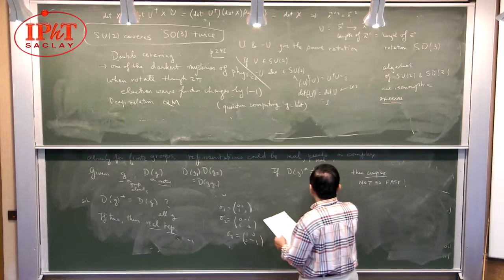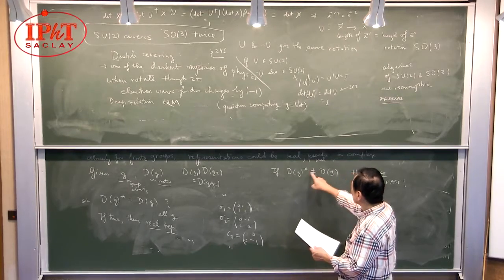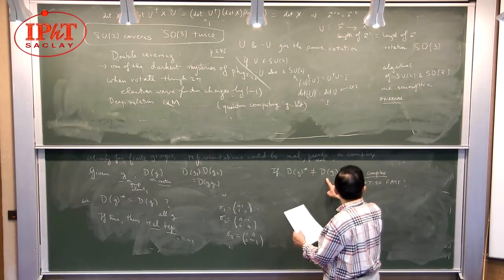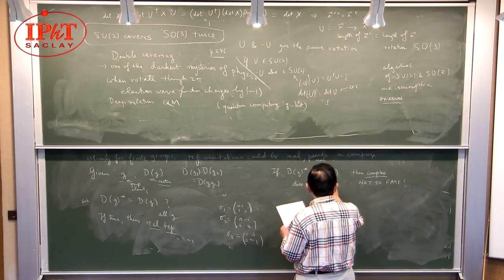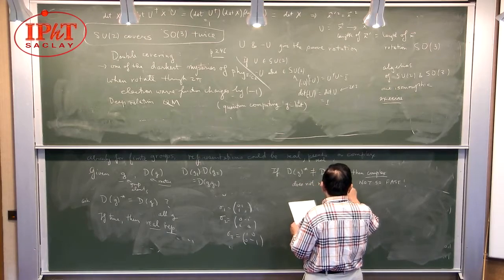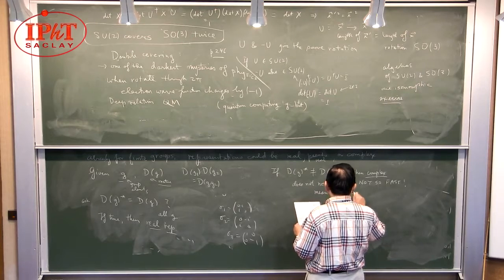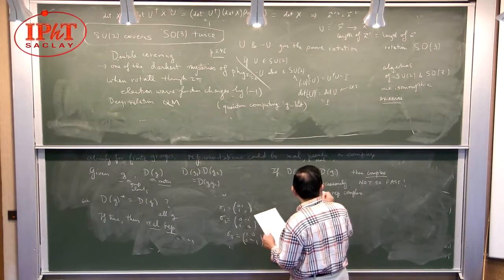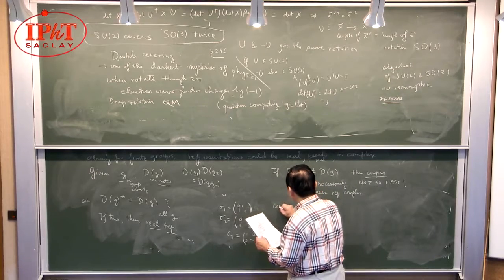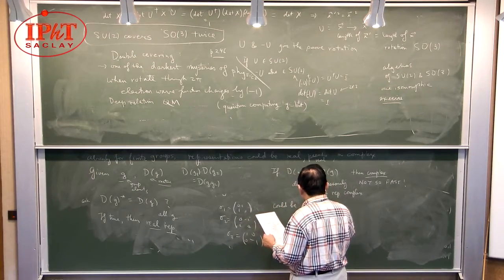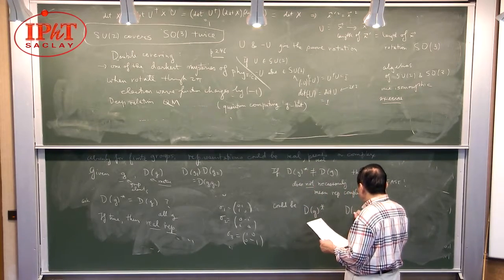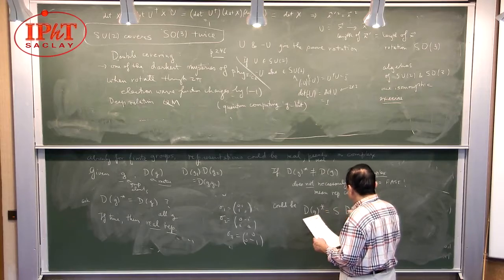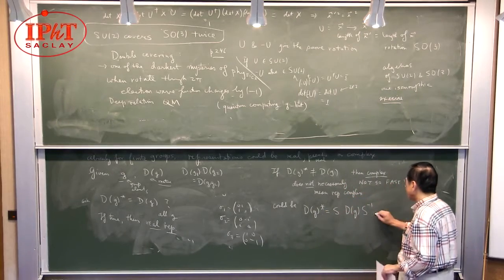Okay, so even if you look at the matrices and they're complex, it does not necessarily mean the representation is complex. Okay? Because it could be that D of g star, although it's not the same as D of g, is related to D of g by a similarity transformation.